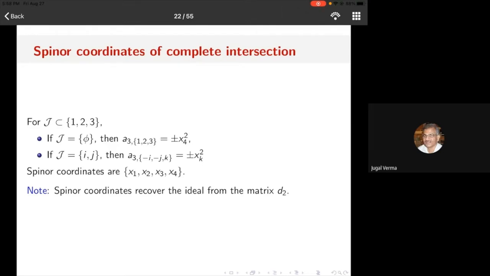This property of the Spinor coordinates classifies the complete intersection in this form, which is not true if we go to a higher number of generators of grade 4 Gorenstein ideals.